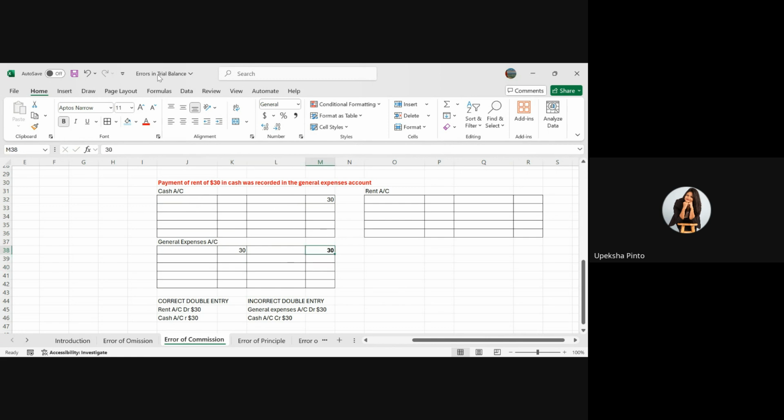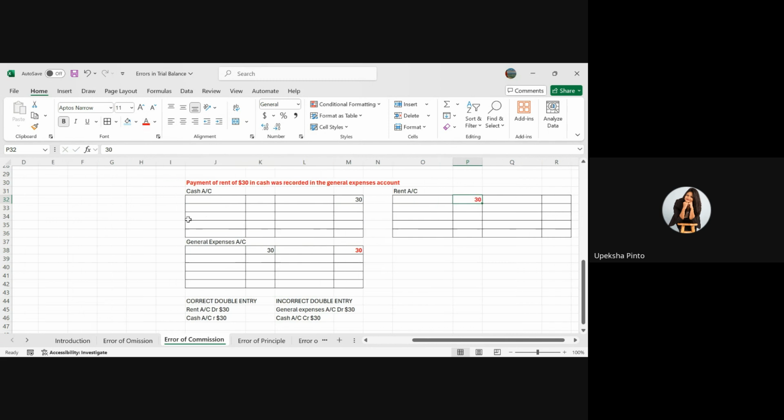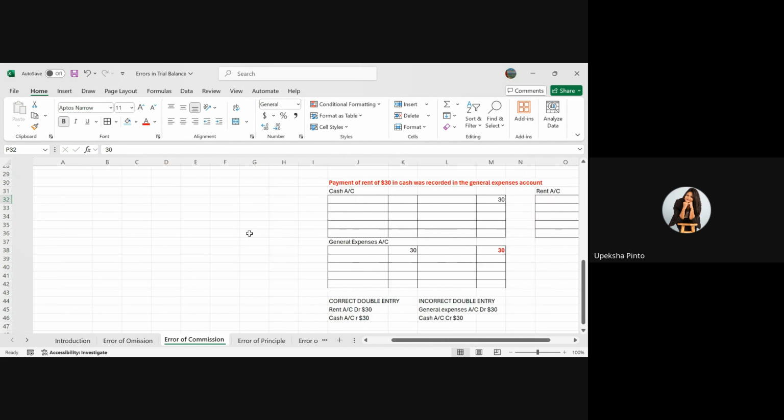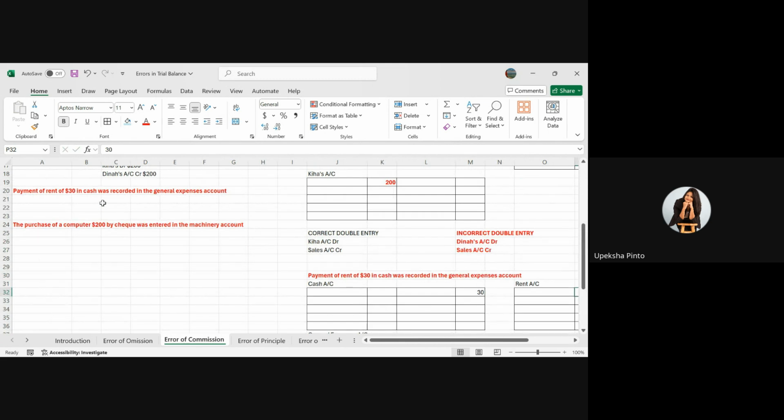And then you must put it to the correct account. What is my correct account? That is my rent account, and I must debit it because it's an expense. So how do you correct it then? I must remove from general expense, which means general expense account credit, and put it to the correct account, which is rent account debit, right? So I will write it here.